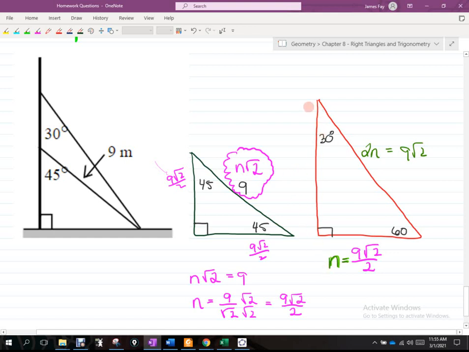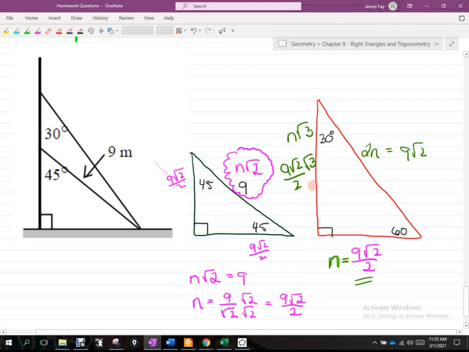And now this side here is what compared to n? What do I multiply that side by? Not radical 2. That's my n radical 3 side. So if n was 9 radical 2 over 2, then we'll multiply that by a radical 3.